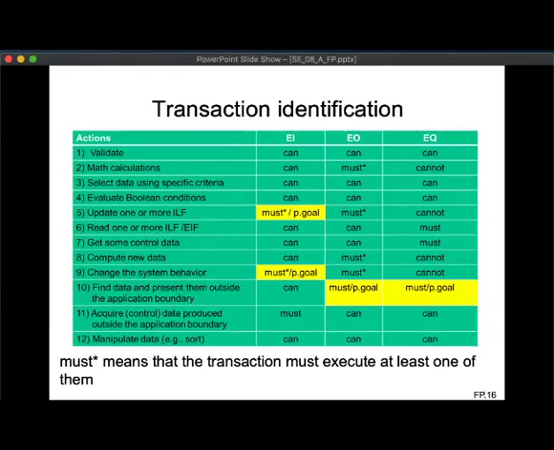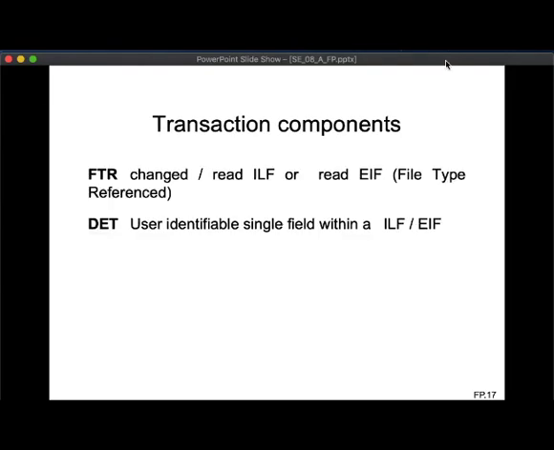Its primary goal is to find data and present them outside the application boundary, can acquire control data produced outside, and can manipulate the data. So this table should help us to correctly understand what are the elements that we may want to use.